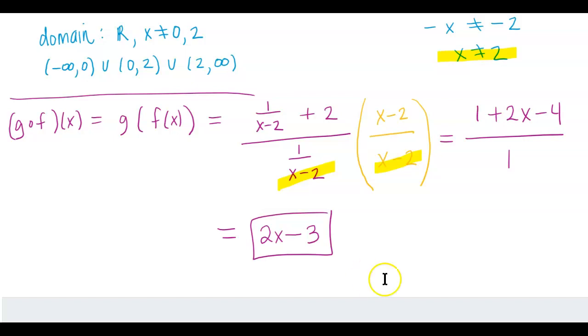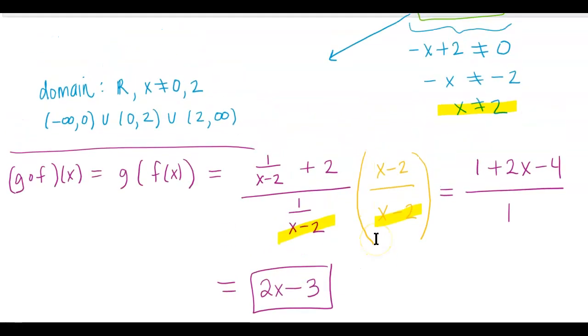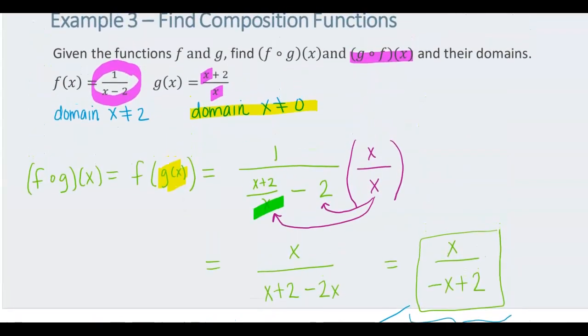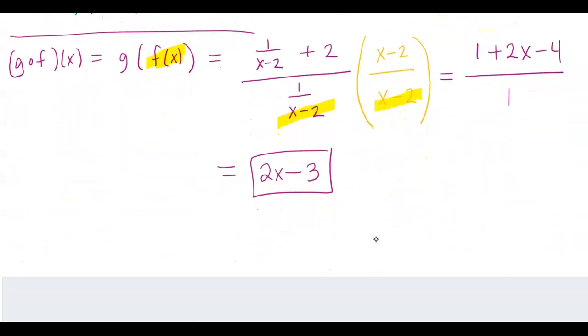All right, now to think about the domain. I'm going to look at two different components. I'm going to look at what was plugged in to the function here. Going back up to the domain of f, the number 2 is not allowed. And then I'm going to look at the final answer. The final answer is a polynomial.